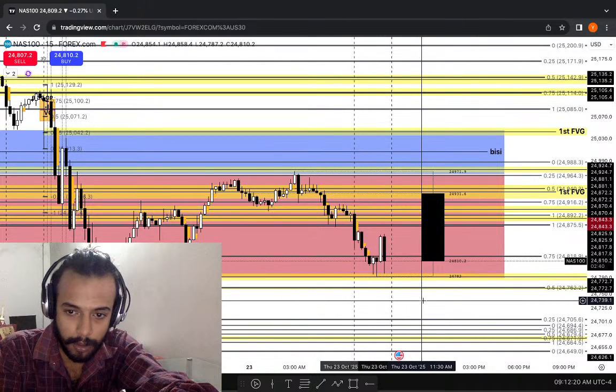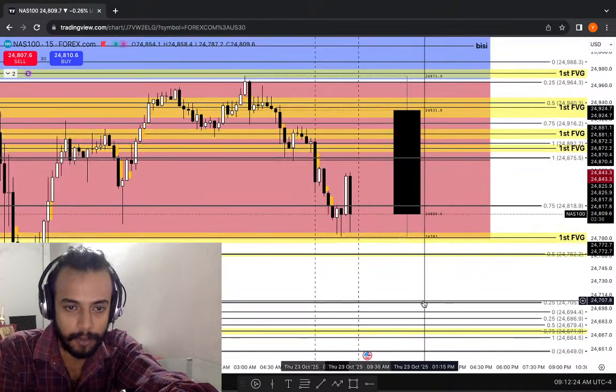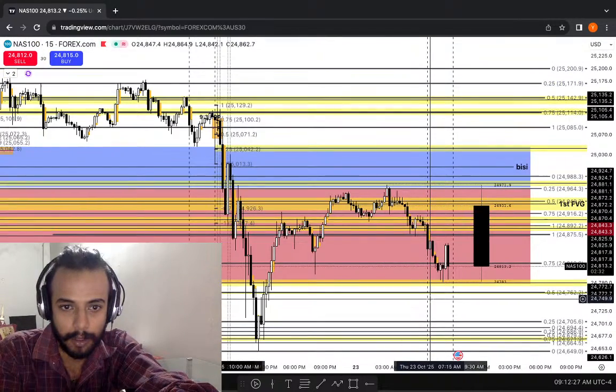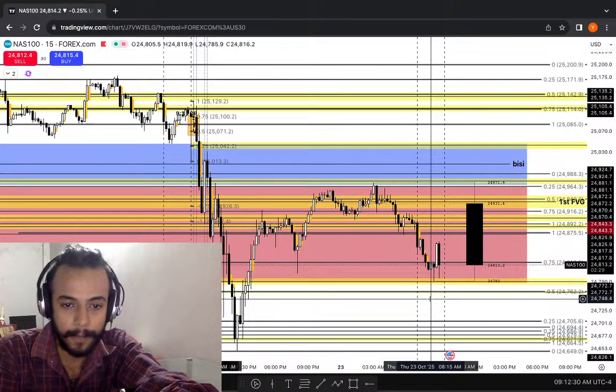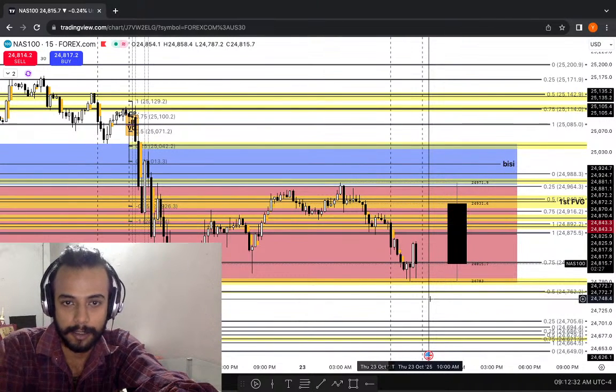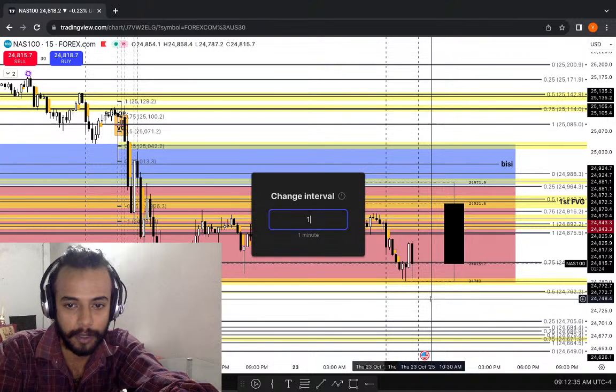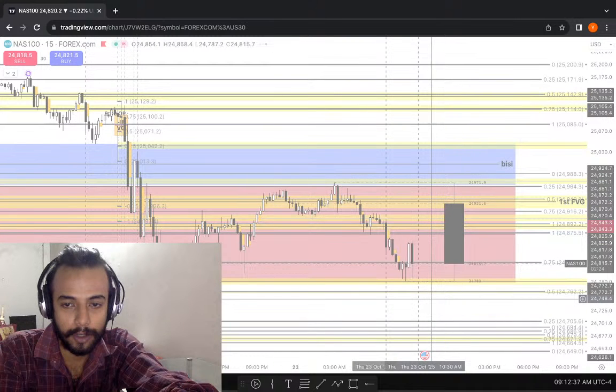And after that we will decide what we have to do and where to look for in terms of bias. Okay, कि किस side market can move and whether they are going to manipulate on the upside or on the downside.